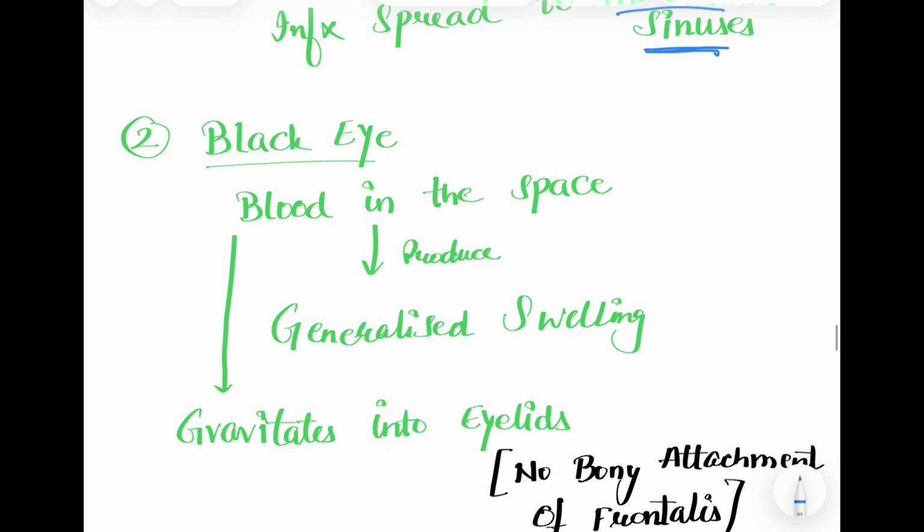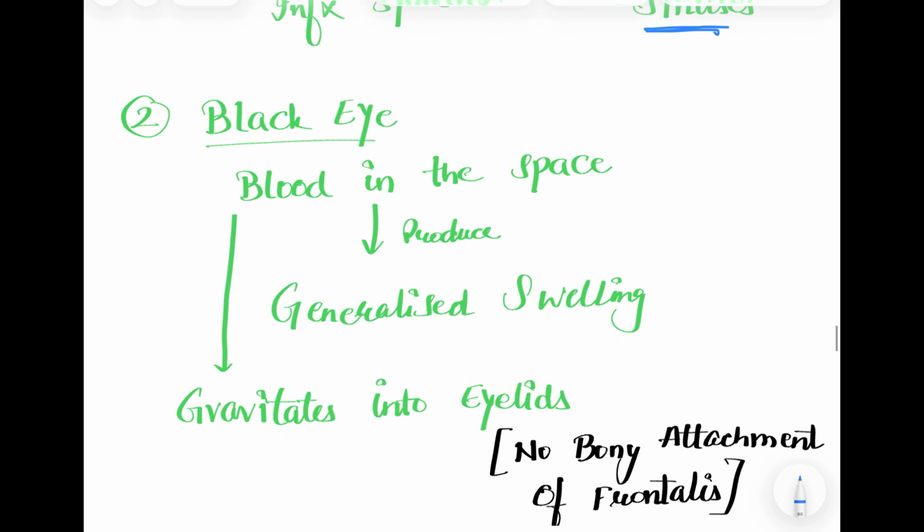Another important part is the black eye. So now what is a black eye? Black eye is basically blood in this space producing swelling. Now the swelling is going to be a generalized swelling, right? Why is it going to happen?